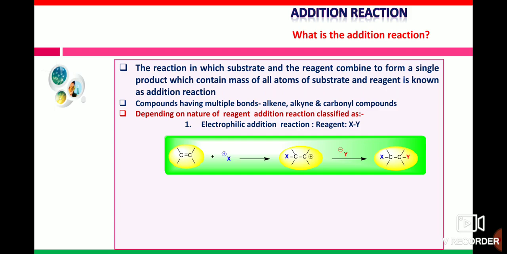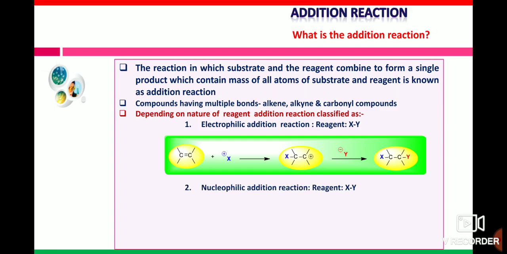Then in the second step, this carbocation is attacked by the negative part of the reagent to give the addition product. This type of addition reaction is known as electrophilic addition reaction.